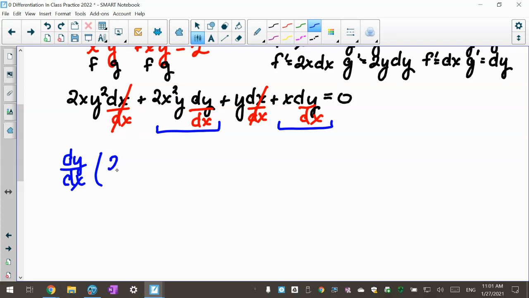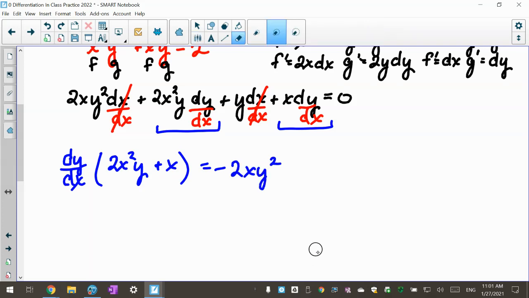So that leaves a 2x squared y here and plus x here. On the other side, I moved them both over. So I have a negative 2x y squared because I subtracted. And then the other one here turns to a minus y. So I've got the dy dx isolated.